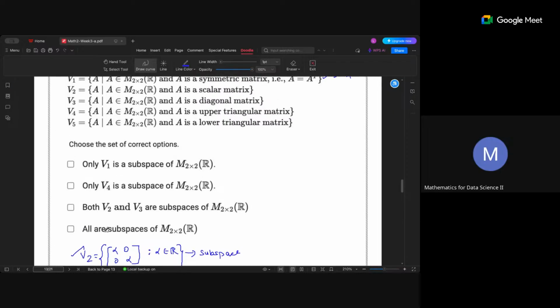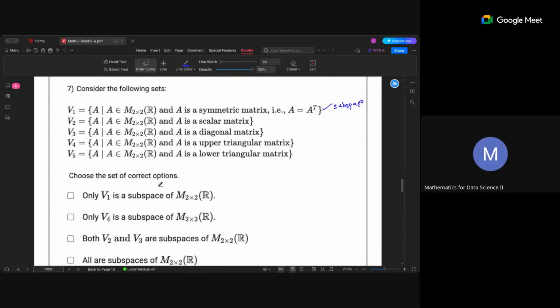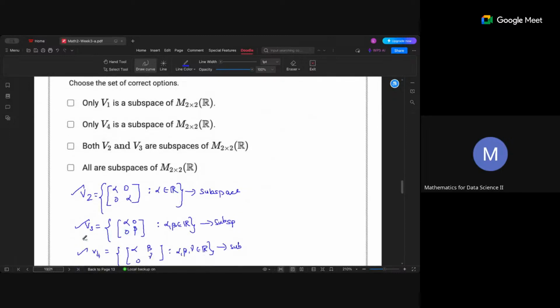What about V3? V3 is the set of all diagonal matrices. Yes, this is also a subspace. What about V4? Upper triangular matrices with entries alpha, beta, gamma. Again a subspace. What about V5? Lower triangular.